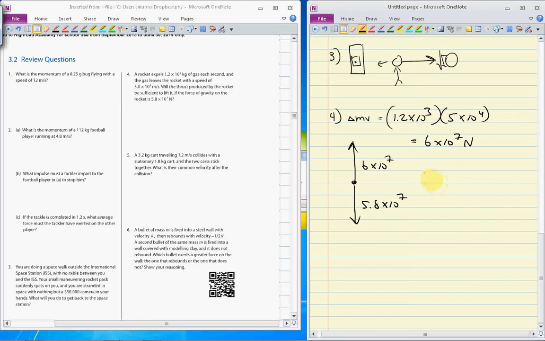So the difference, or F net, is equal to 0.2 times 10 to the 7 newtons in the upward direction. Enough to get you going.